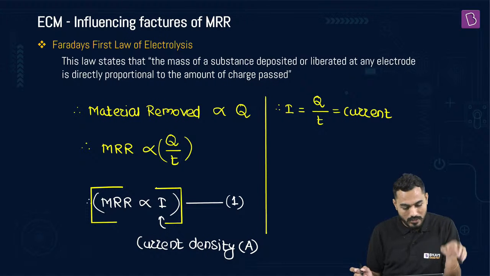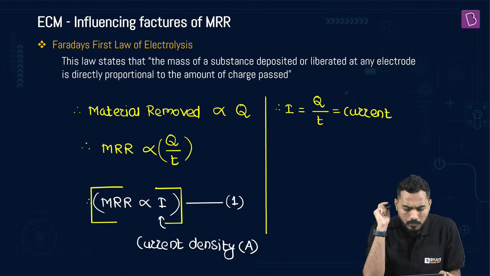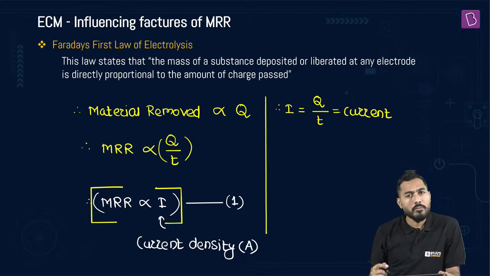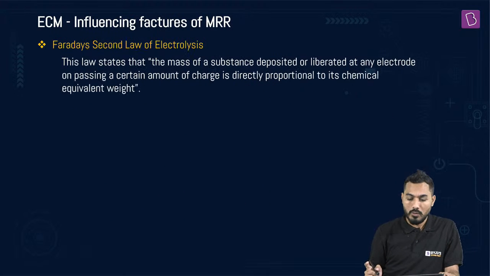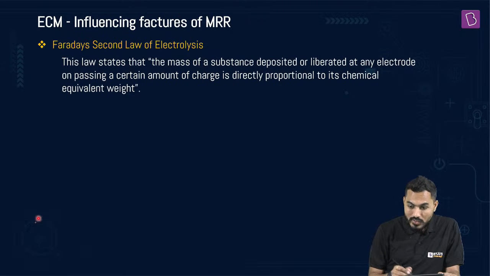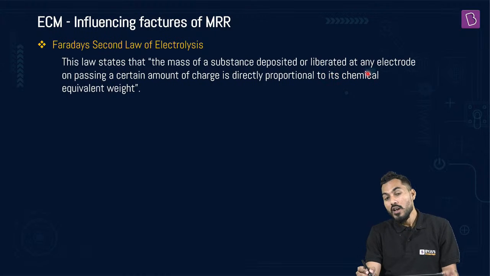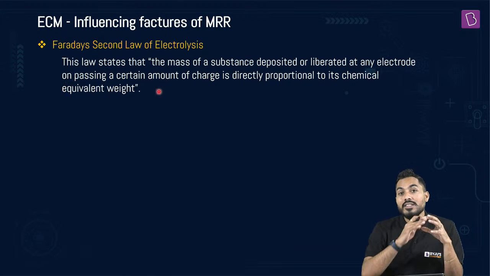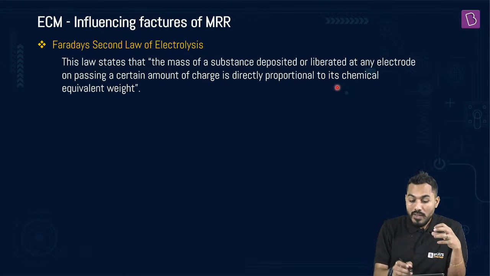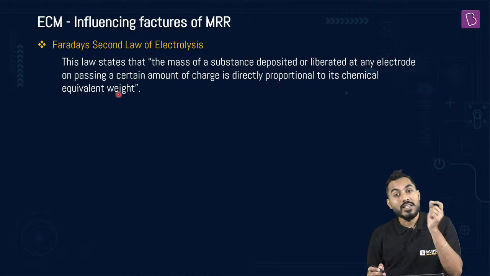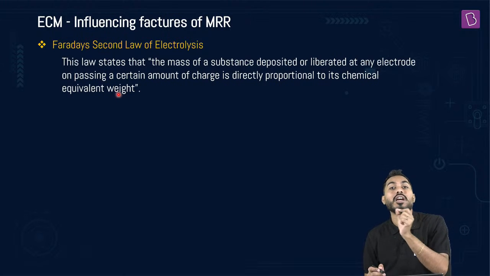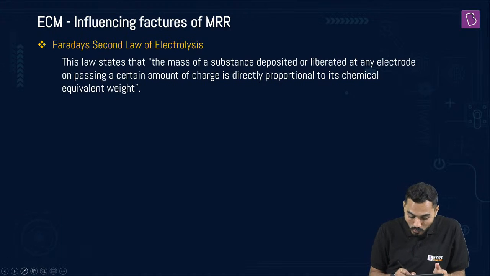Is it understood? Yes. Now in the same manner, the third statement was written in relation to Faraday's first law of electrolysis, which is that the amount of substance deposited or liberated from any electrode is directly proportional to the chemical equivalent weight, and that is sometimes also called the electrochemical equivalent.